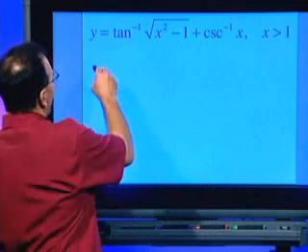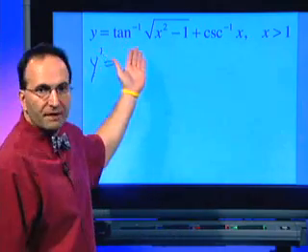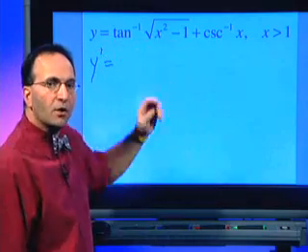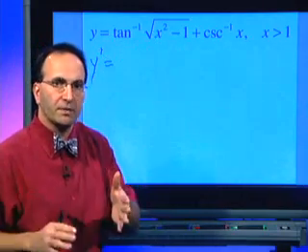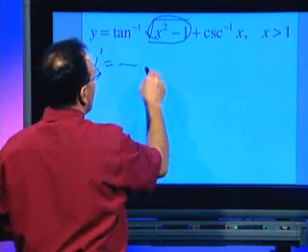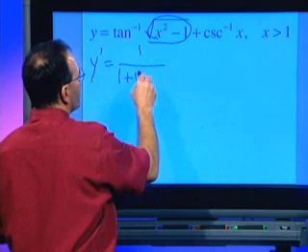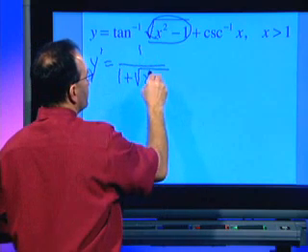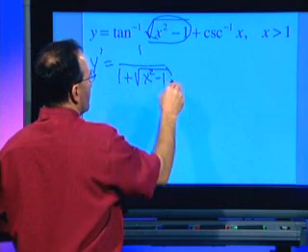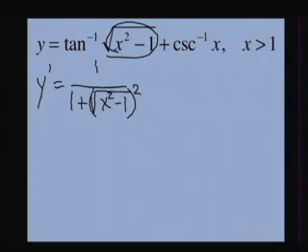So y prime will be equal to, well, we have the derivative of arctan, which you remember is 1 over 1 plus x squared, but this is our x squared, so what it would look like is 1 over 1 plus the square root of x squared minus 1, and that quantity is squared. But we have to apply the chain rule because this is an inside function.